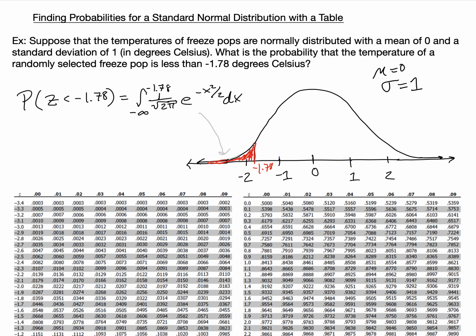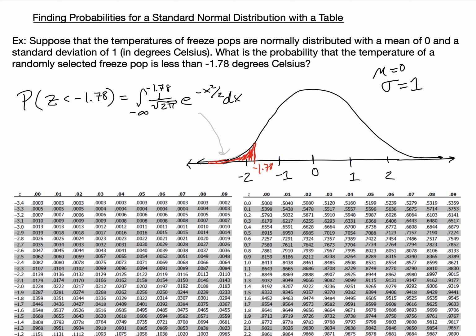So we had a particular example of a freeze pop, saying that those are normally distributed with a mean of 0 degrees Celsius and a standard deviation of 1 degree Celsius for their temperature. And we said, what is the probability that a temperature of a randomly selected freeze pop is less than negative 1.78 degrees Celsius?